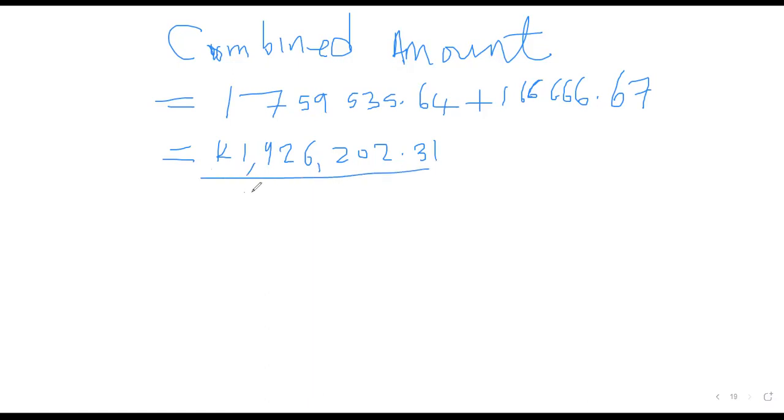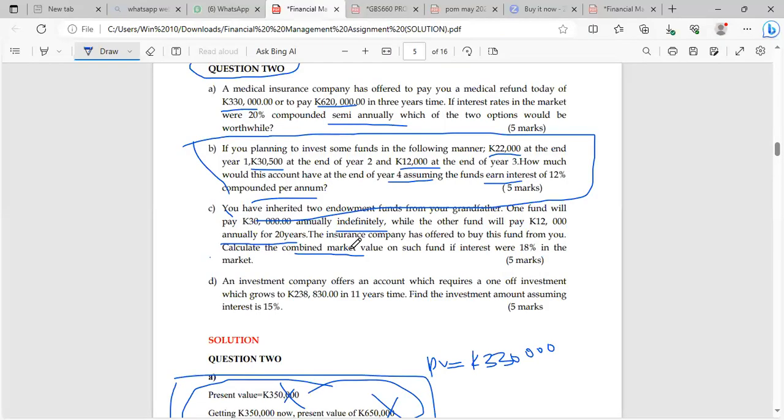This is the combined amount, because that one is an annuity. It's paying you 12,000 multiplied by 20 years, but you are accounting for the interest rate, to pay 12,000 annually for 20 years.